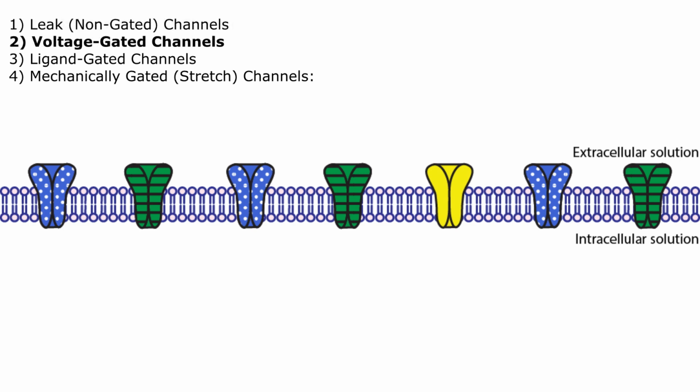And the next one, and personally my favorite, are the voltage-gated channels. Now, these channels open in response to changes in membrane potential. In other words, when the neuron's inside becomes more or less negative than usual. Now, these are very important for generating and propagating the action potential, as we have discussed in the first video. Now, the ligand-gated channels open when a specific molecule or a ligand binds to the channel.